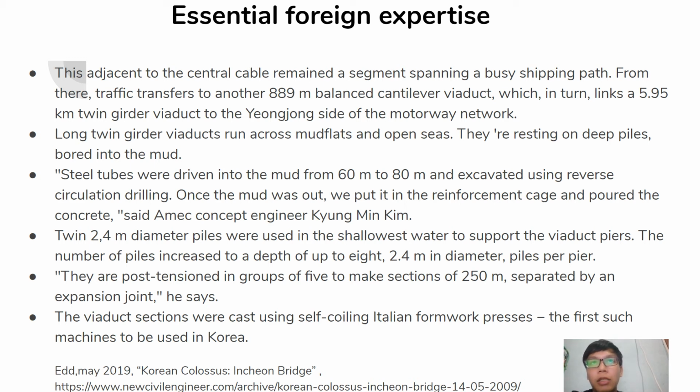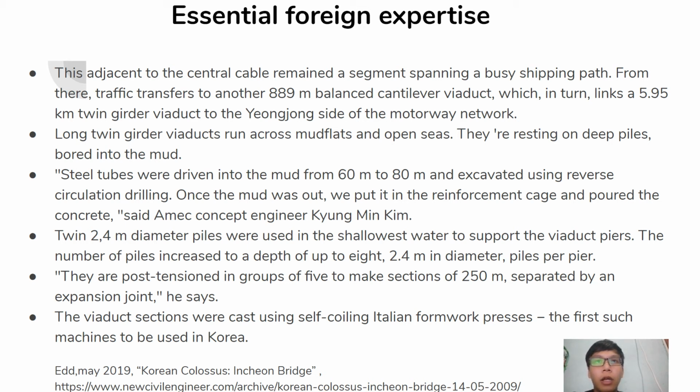Steel tubes were driven into the mud to depths of 60 to 80 meters and excavated using reverse circulation drilling. Once the mud was out, we put in the reinforcement cage and poured the concrete, said AMEC engineer Kyung Min Kim.